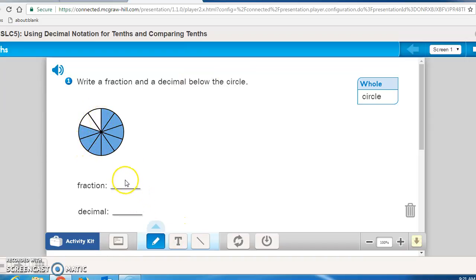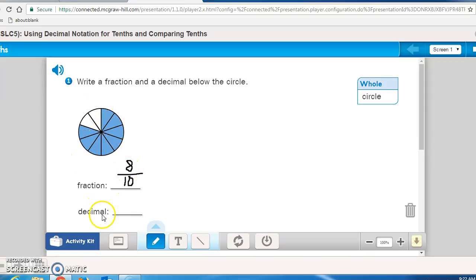That's how many pieces this circle is broken into. How many pieces are colored in? 1, 2, 3, 4, 5, 6, 7, 8. So 8/10 of the circle is colored in.